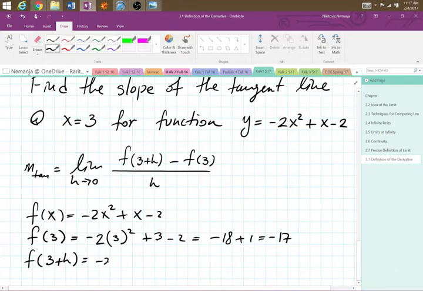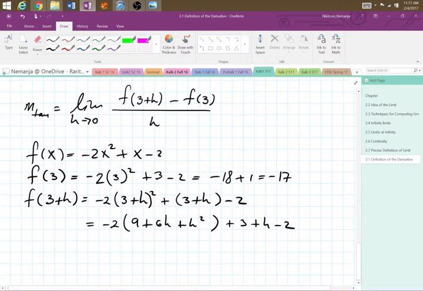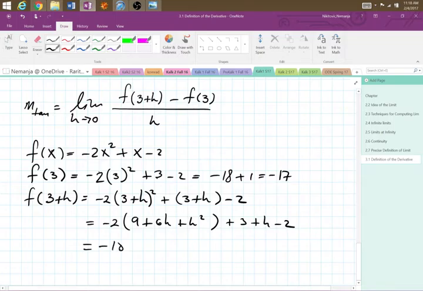Well, it's negative 2 times (3 plus h) squared, plus 3 plus h minus 2. You have to figure out this algebra. So it's negative 2 times 9 plus 6h plus h squared. And then you have plus 3 plus h minus 2. That's going to be negative 18 minus 12h minus 2h squared. I'm going to combine these two into plus 1 plus h.